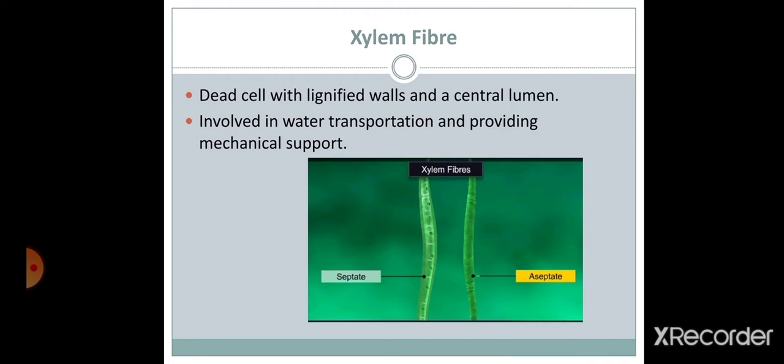The central lumen is almost obliterated, and they are very simple. They are reported from the secondary xylem. The functions of the xylem fibers are chiefly mechanical. They provide strength as well as rigidity and support to the plant organs.